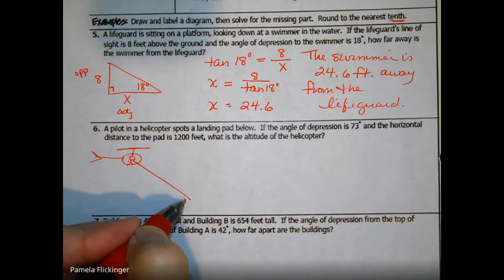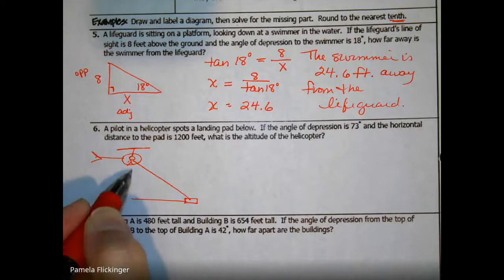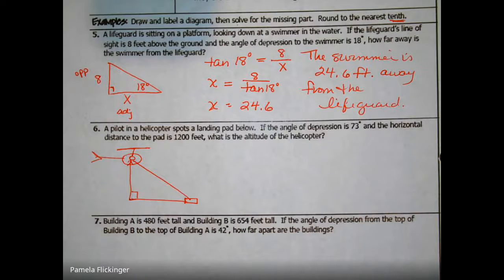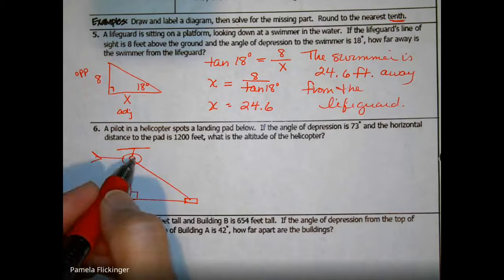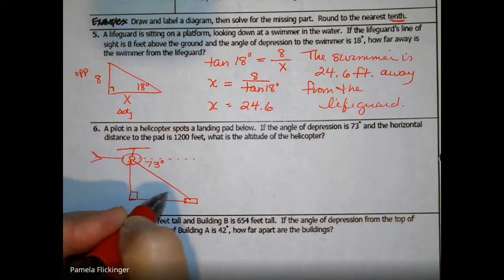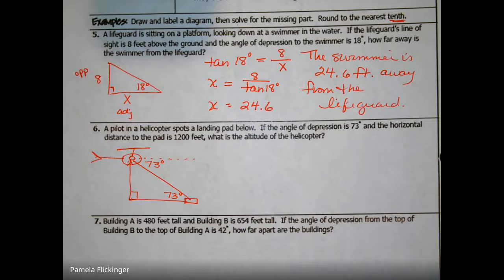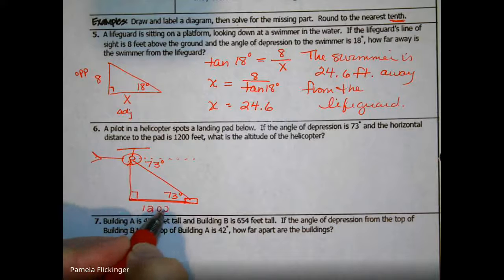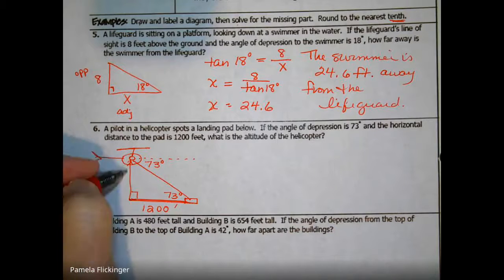He spots a landing pad down here. The angle of depression, which would be up here, is going to be the same down here. The horizontal distance to the pad, right here, is 1,200 feet. What's the altitude? So it's asking for that height.